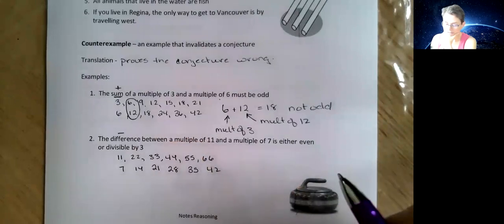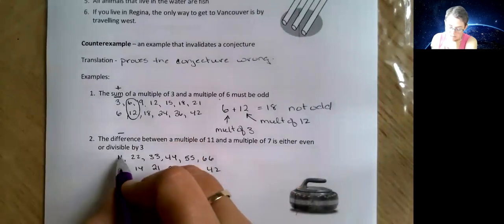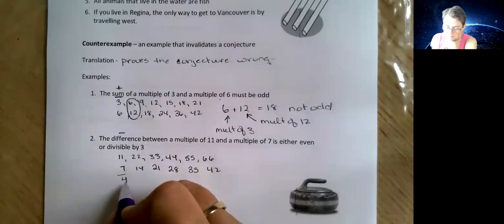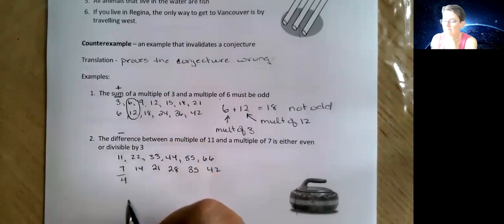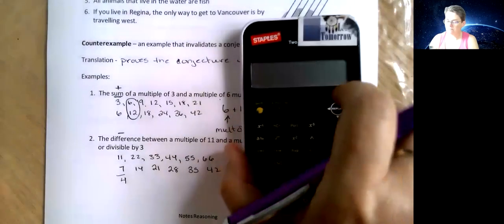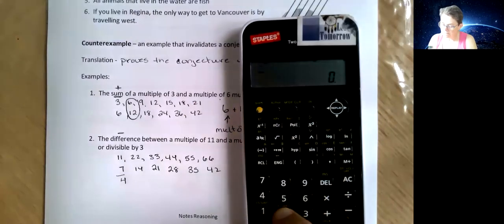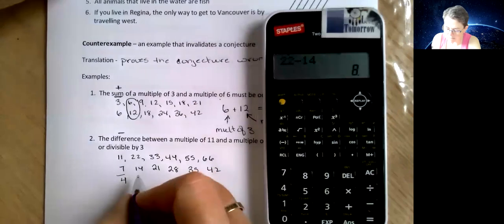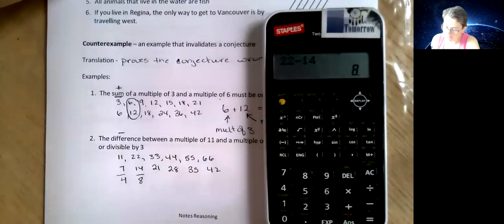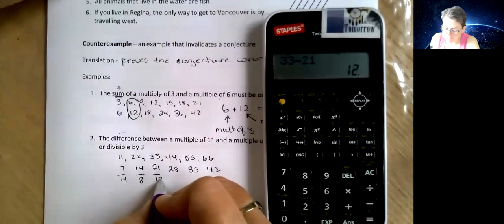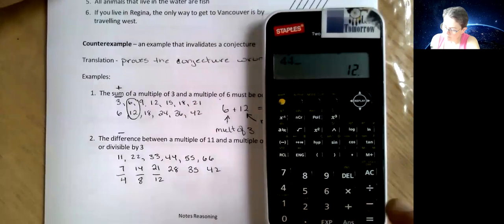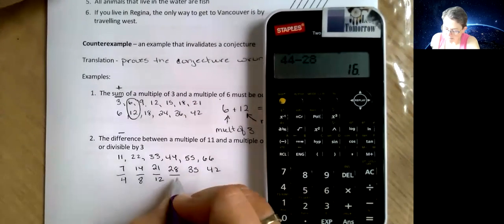So we start subtracting. 11 minus 7 is 4. 22 minus 14 is 8. Okay, we're good there. 33 minus 21 is 12. 44 minus 28 is 16.